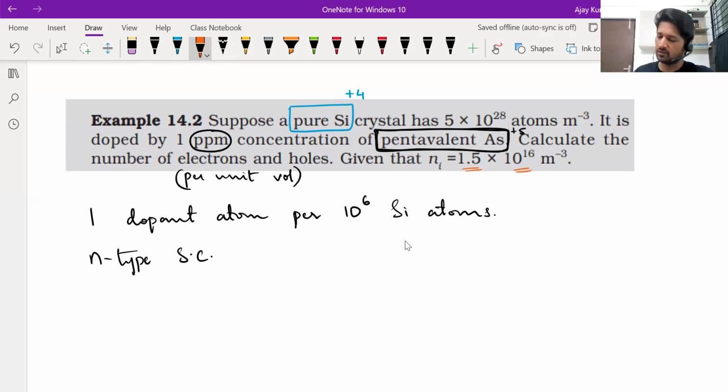Means in pure silicon, the concentration of electrons and concentration of holes was 1.5 into 10 power 16 per meter cube. So after doping, they are asking you to calculate the concentration of electrons and the concentration of holes. Try this, I'll give you 2 minutes.